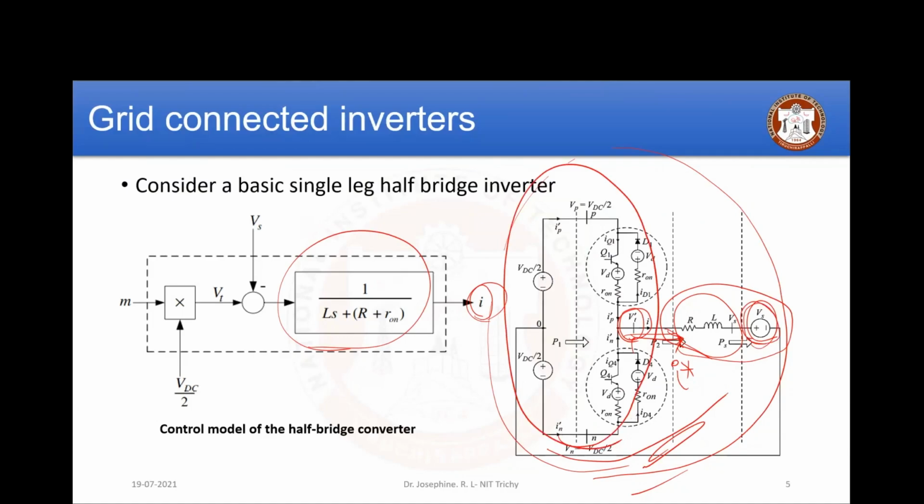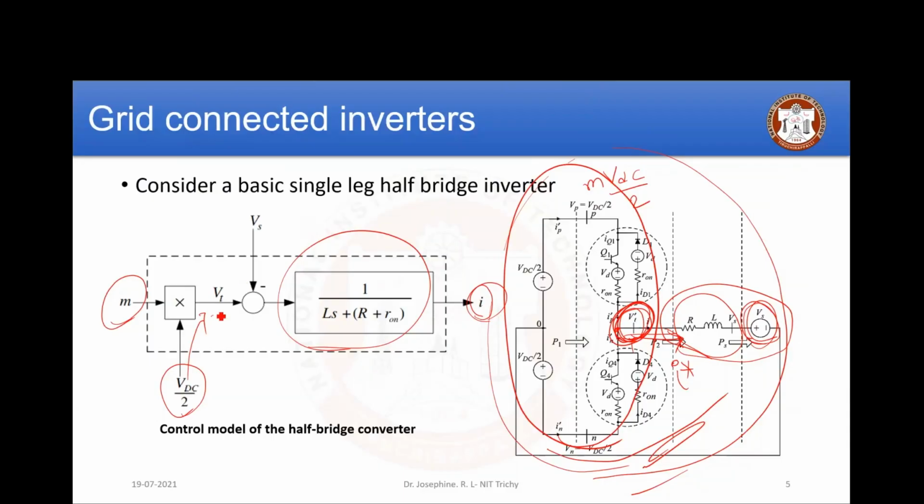What I do is, for a given modulation, whatever modulation I have, I'll multiply it with VDC by 2. I'll get M VDC by 2, which is your modulated output. This M VDC by 2 is nothing but your VT, the terminal voltage across your leg, or the terminal voltage of the inverter.